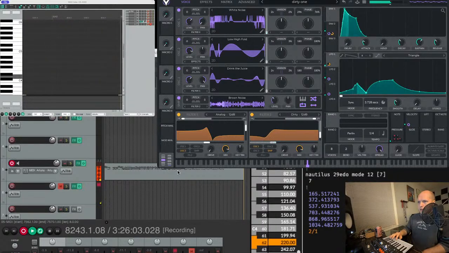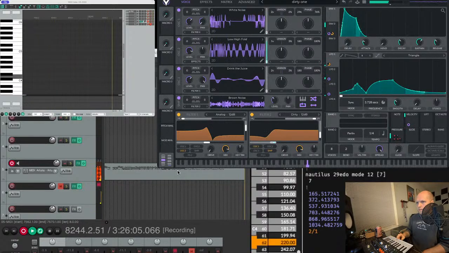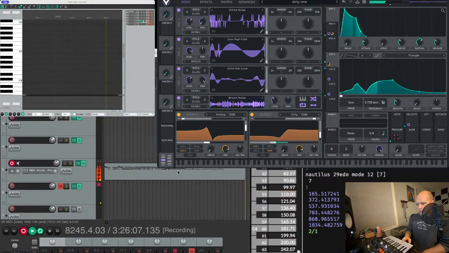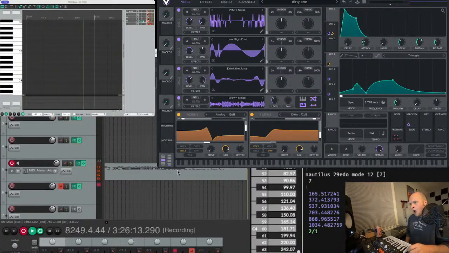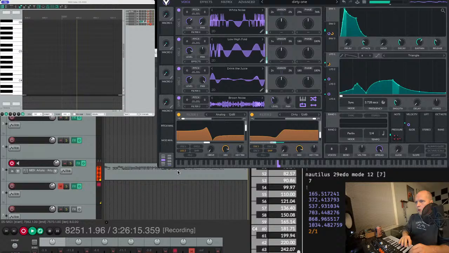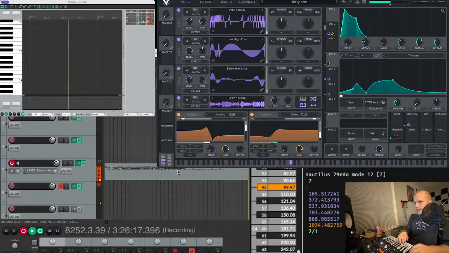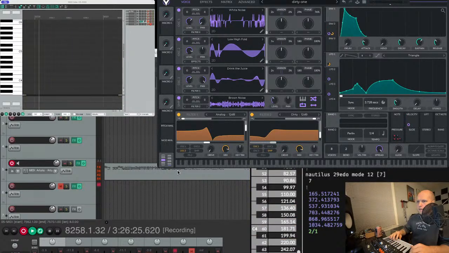That's our root, so that's our root, so that's our root. So it's like 1, 2, 3, 4, 5, 6, 7, 1. 2, 3, 4, 5, 6, 7, 1. So if it looks like a half step, it's just a second.